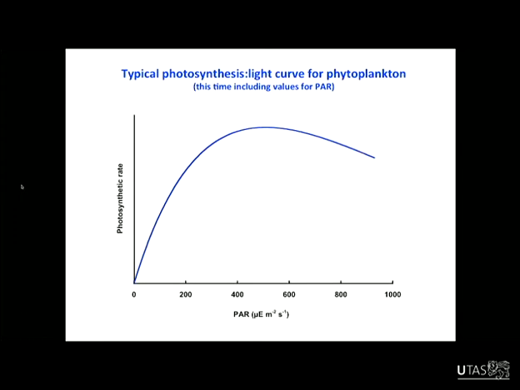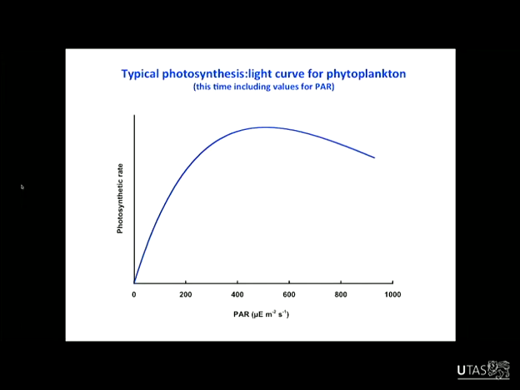So now here we've got some actual values on the x-axis. So 1,000 micro-Einsteins per meter squared per second would be a bright sunny day in the tropics, going down to very low light levels here. So this is one particular type of phytoplankton that has this response for photosynthetic rate as a function of light.